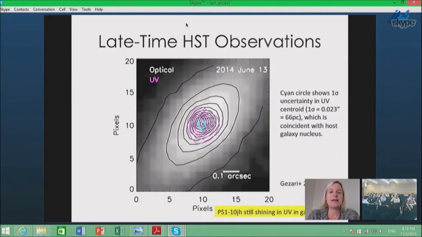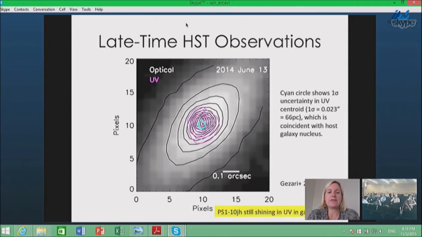But last summer, we obtained UV and optical observations of PS1-10jh with Hubble. And what's really neat is when you look now with Hubble, in the optical you basically just see the host galaxy light, but in the UV you see a point source, and that's shown with the magenta contours.